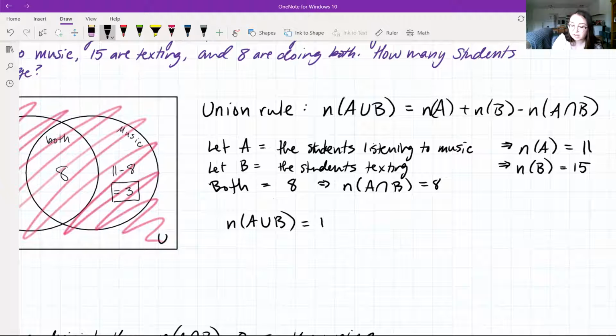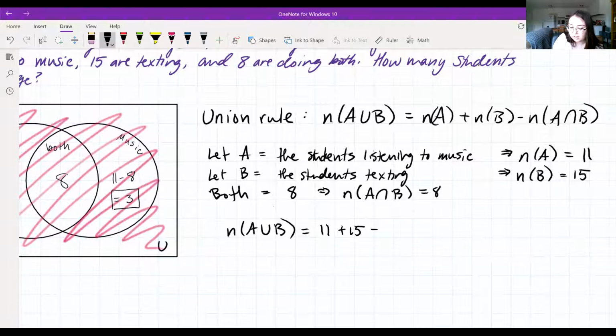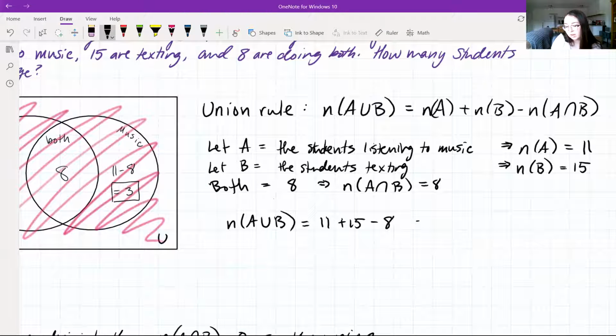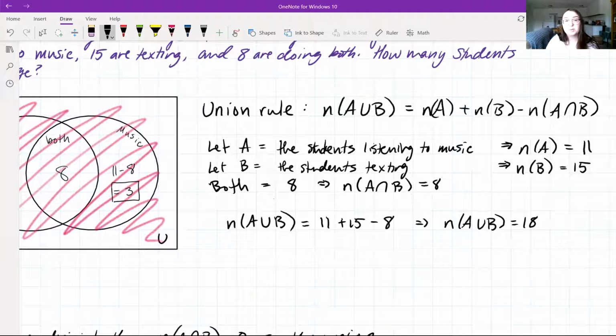We know N of A is 11, N of B is 15, N of A intersect B is 8. So this gives us 11 plus 15 minus 8, so that's going to be 26 minus 8. And we get that N of A union B is equal to 18.